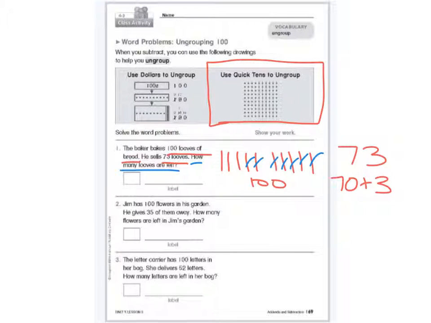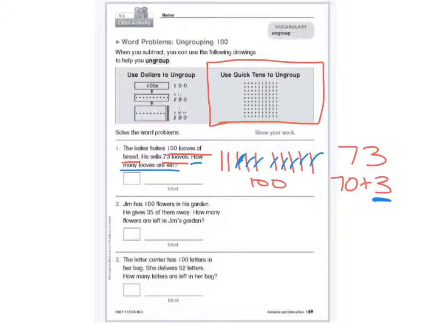Now the next thing we have to do is we have 3 more tens here, but I only can take away 3 ones. So in order to get ones to take away, I'm going to have to get rid of this extra 10 and ungroup that 10 and turn it into 10 ones.